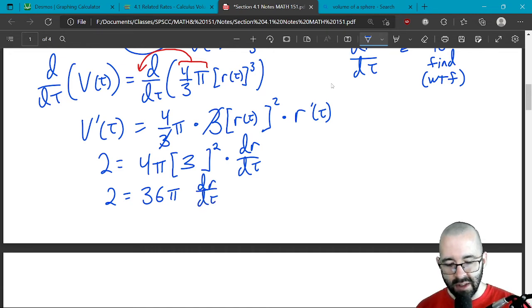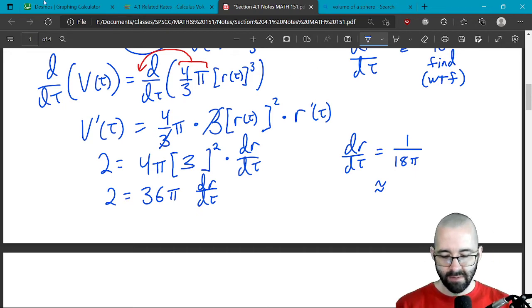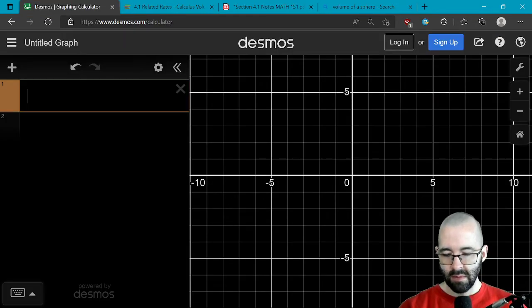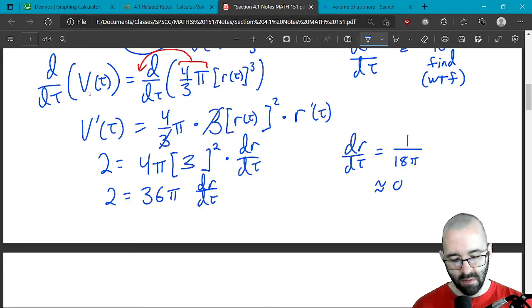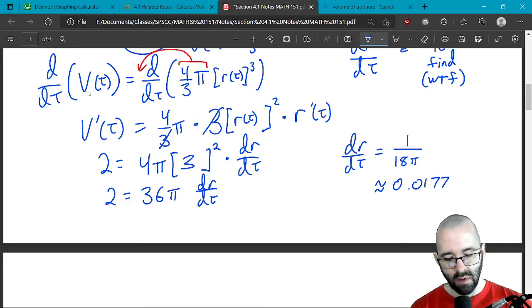Divide both sides by 36 pi, and you're going to get dr dt is 1/18 pi, which is approximately equal to 0.0177. That is the rate of change of the radius, which is given in centimeters.